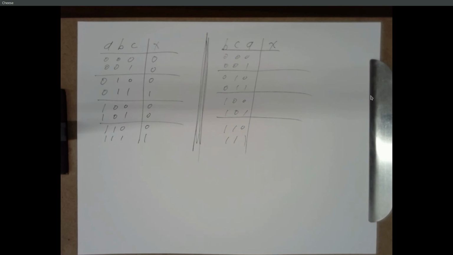So would it just be BC? Yeah. So what is this? This is A bar B. Yeah, because C or C bar is always true.